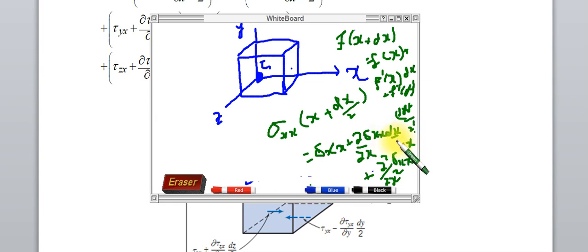Yes, it is dx by 2 because we have considered the center. So dx by 2 from this direction and dx by 2 from the other, so it becomes dx. Now you can see this.